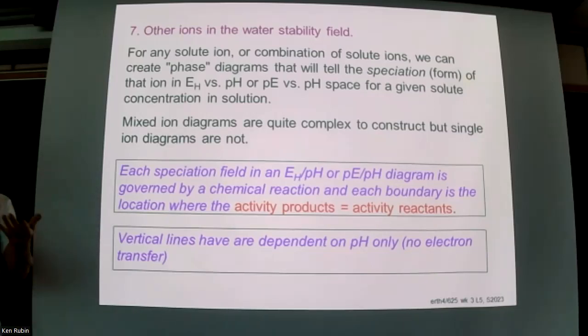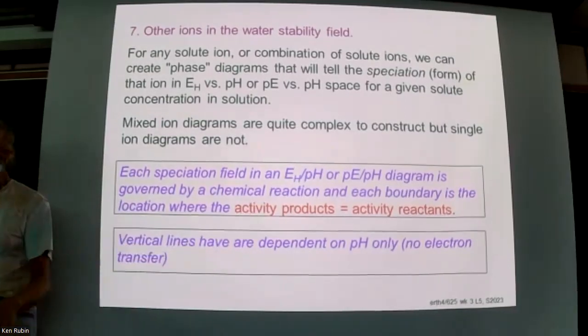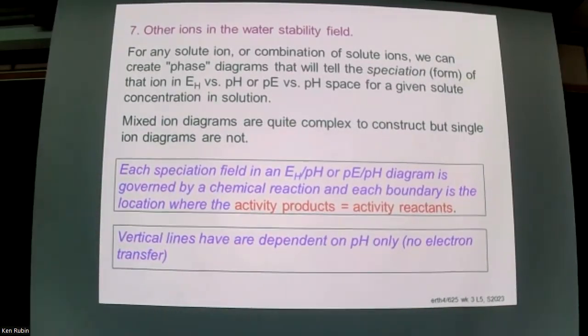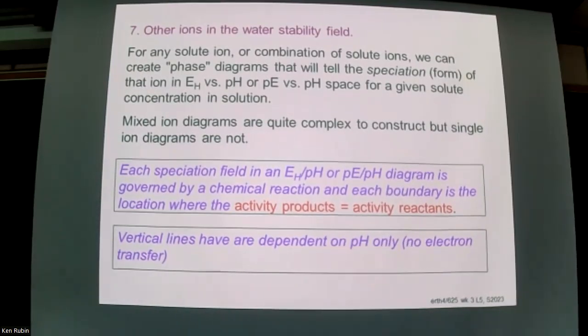Think about really salty water, for instance. Some of our anions and cations don't behave like they're present because they're interacting with each other. So I commonly use the term activity, but for the sake of argument, you can just think of it as concentration. Or if you were in the gas phase, it would obviously be a partial pressure.